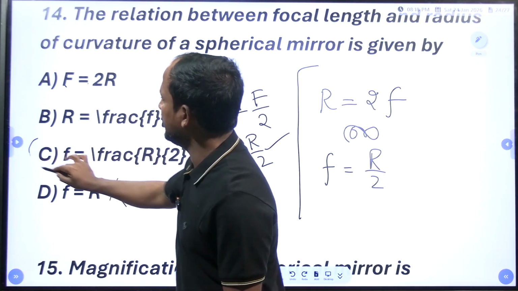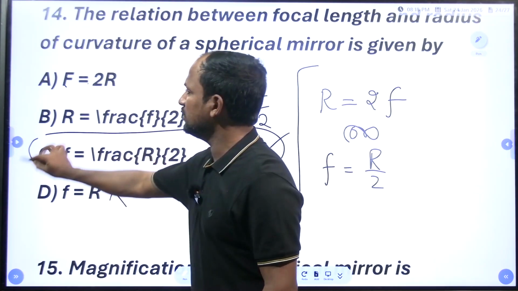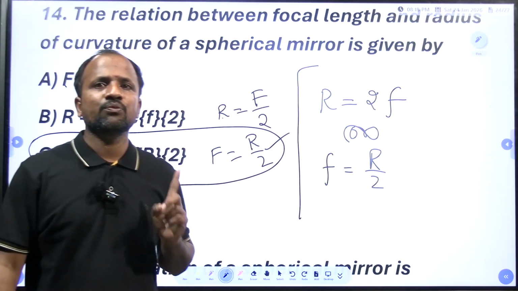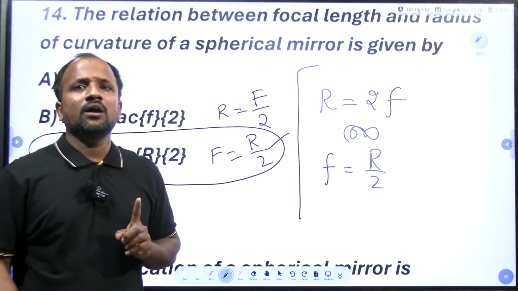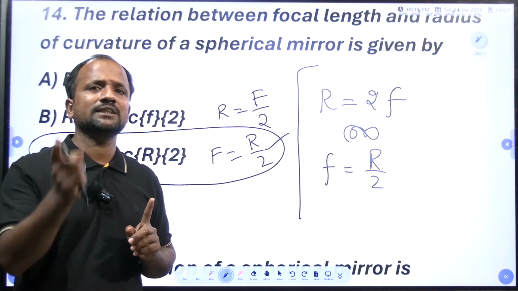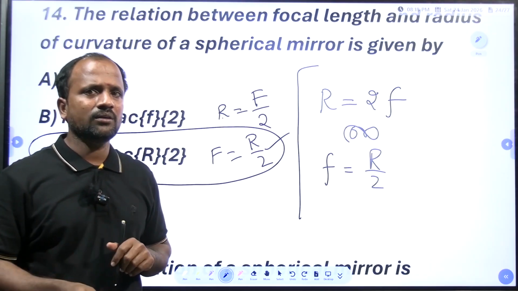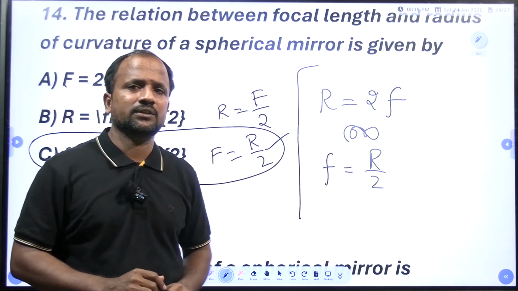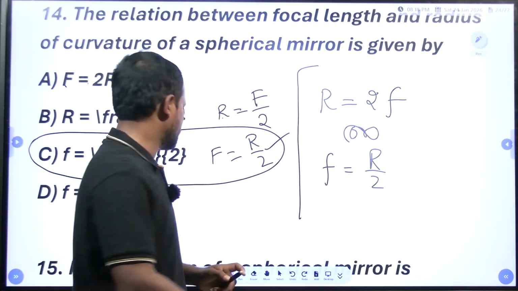So option C is the correct answer for this question. The relationship between the focal length and radius is that the focal length is half of the radius, or the radius is 2 times the focal length. Clear? Right. Next question.